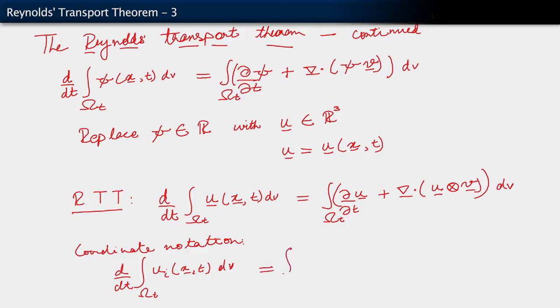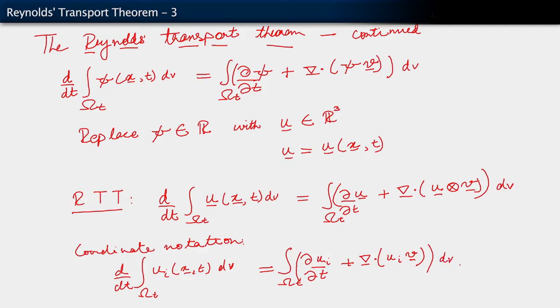This then becomes the integral over omega sub t. We would get the partial time derivative of u_i plus the divergence of u_i times v, where u_i is being multiplied by the direct notation representation of the vector v, all of this d little v.